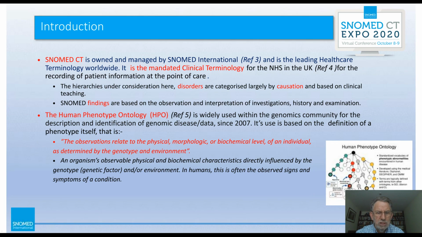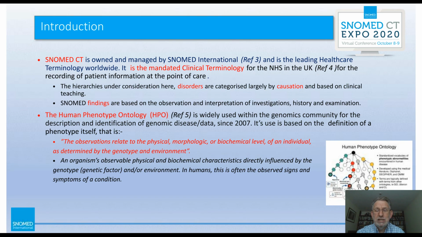We're going to talk largely about the disorders and findings hierarchy, but it's worth pointing out at this stage that in terms of causation, clinicians talk about, and this is reflected in SNOMED, causation as the main model for disease rather than observation. The Human Phenotype Ontology is widely used within the genomics community for the description and identification of genomic disease and data. It has been so since 2007.